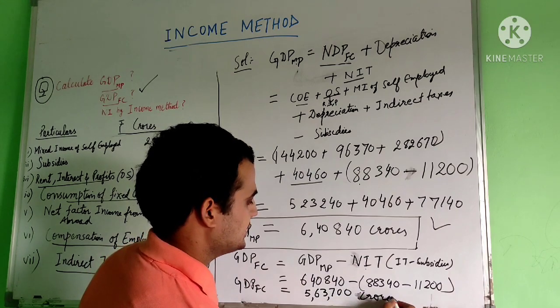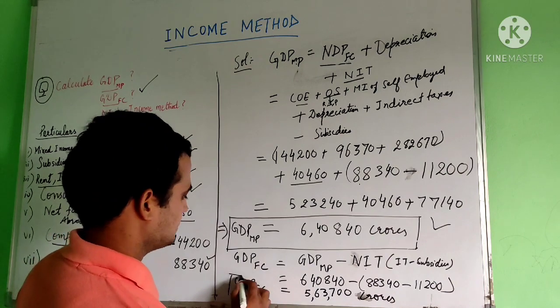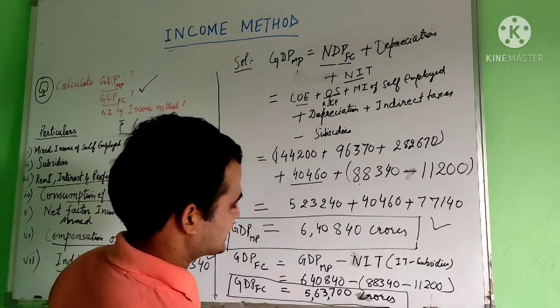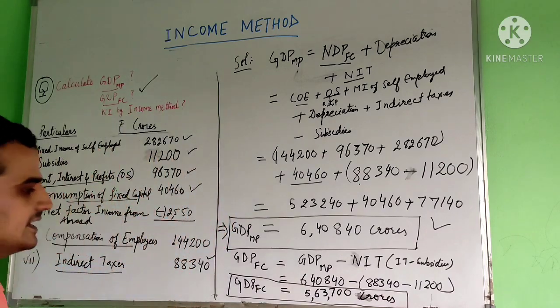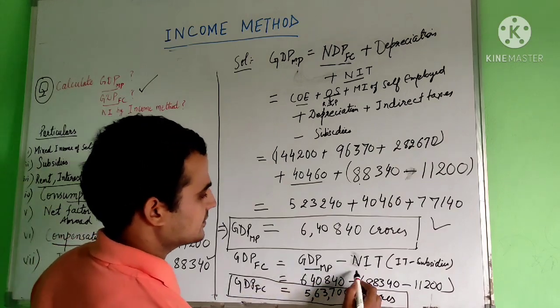We are calculating it in crores. So GDP at factor cost is 5,63,700 crore. This is the formula.